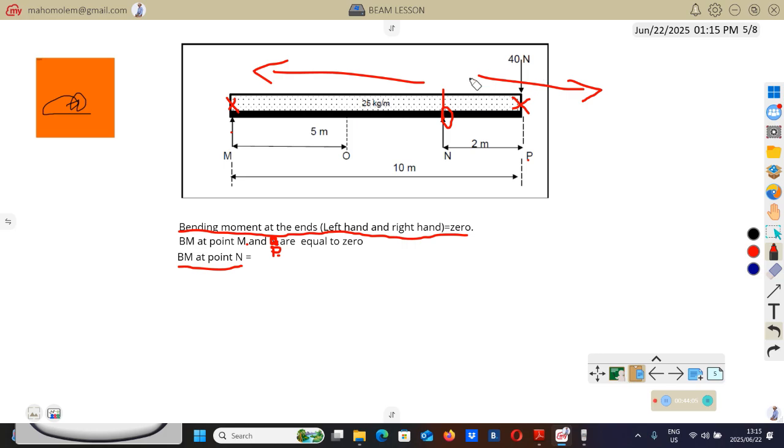But in this case, when you check on this side, you'll have this force and the weight. When you check this side, you'll have this force and the weight. So in this case, it doesn't really matter, since you will have equal forces on both sides of N. Right?